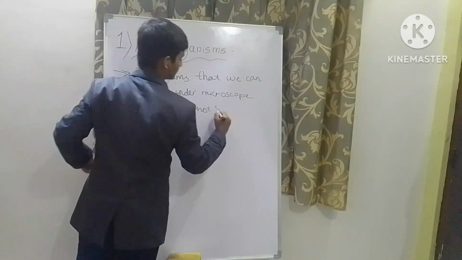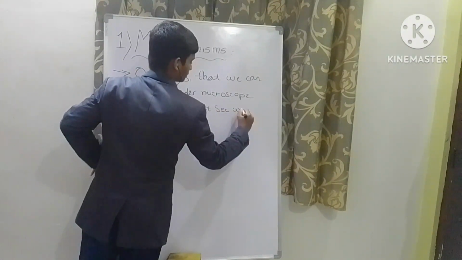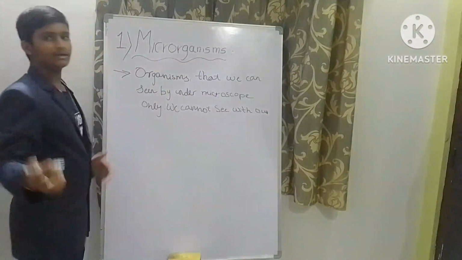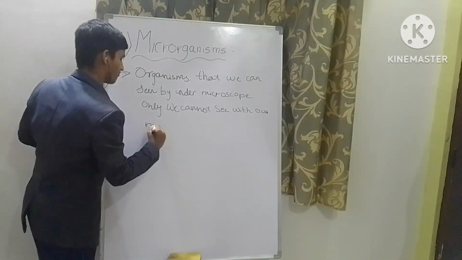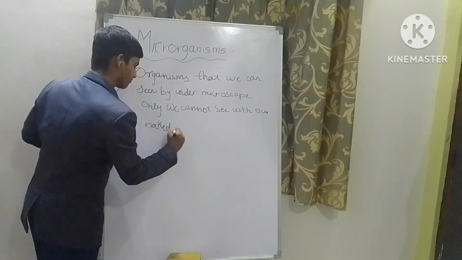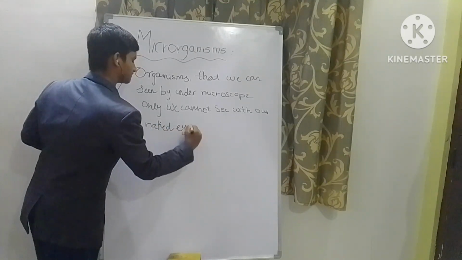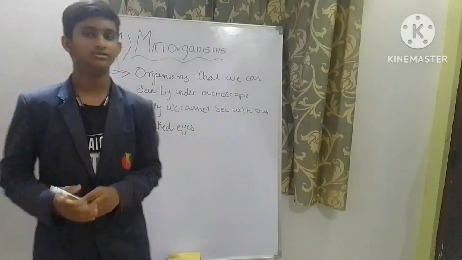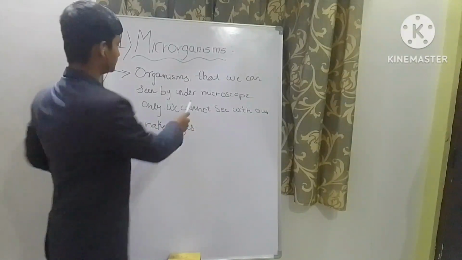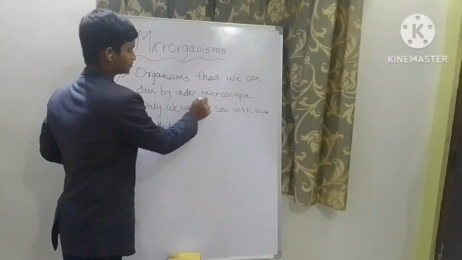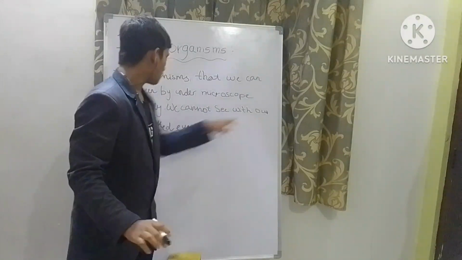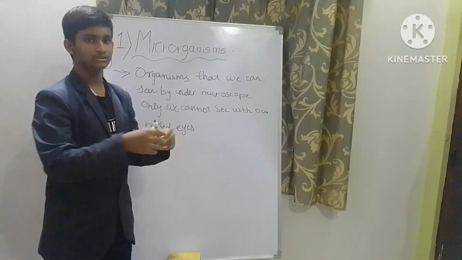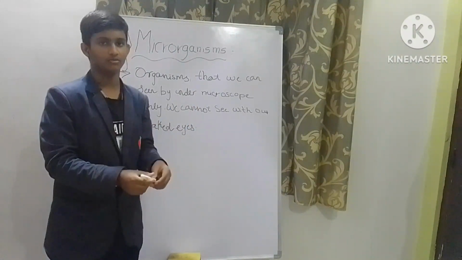We cannot see them with our naked eyes. So what is the definition of microorganisms? Organisms that we can see only under a microscope. We cannot see them with our eyes, so they can be seen only with a microscope.